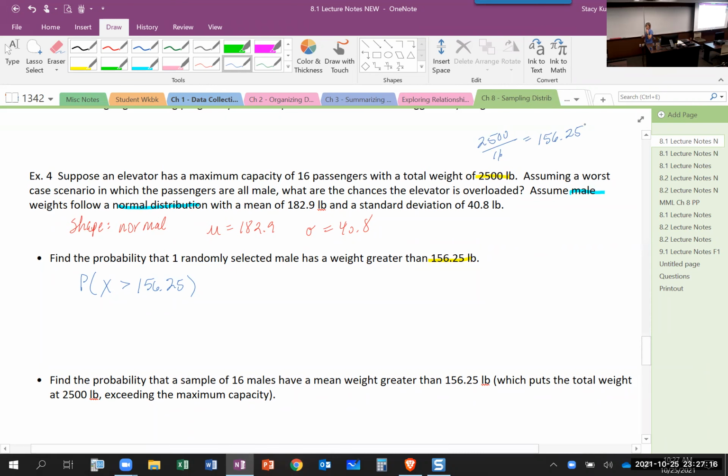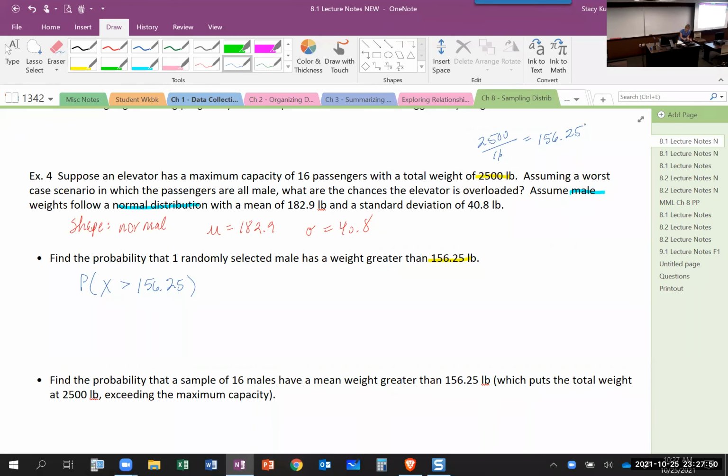It's kind of important, I think, in the problem. So what this question is asking is to find the probability that one male has a weight greater than 156.25. Is that question about the population of males, or is that a question about a sample? It's a question about the population, because it simply says find the probability that one guy out there in the whole world of males weighs more than 156.25.